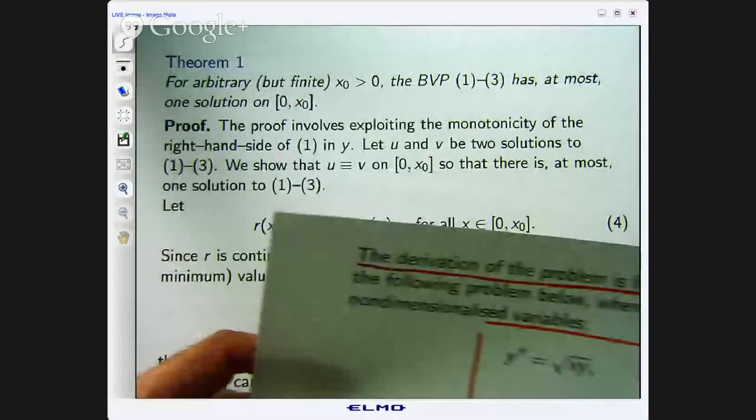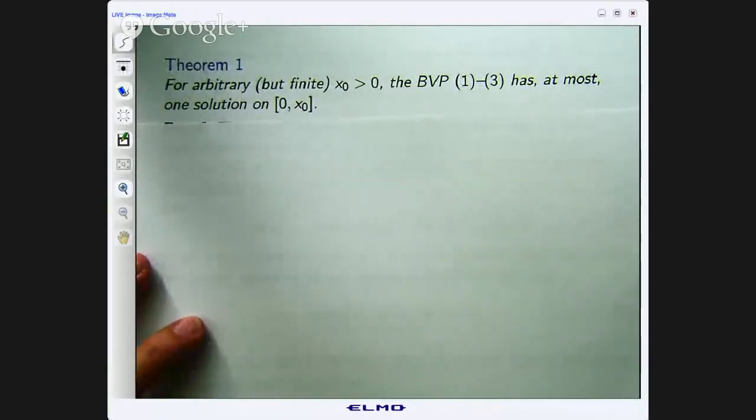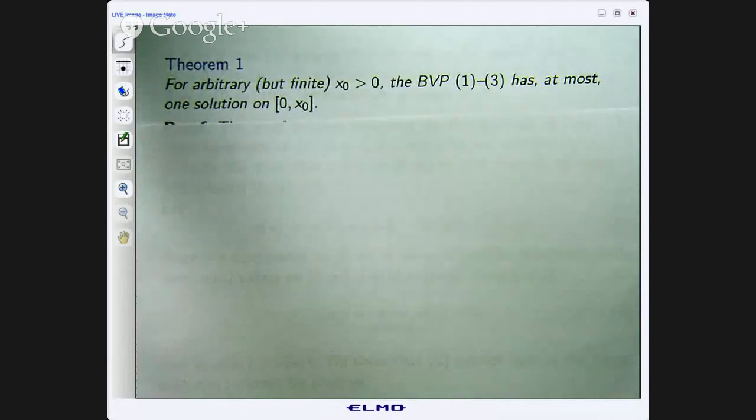So we'll come back to this in a minute. This is the first theorem. I'm going to present 2 theorems to you.